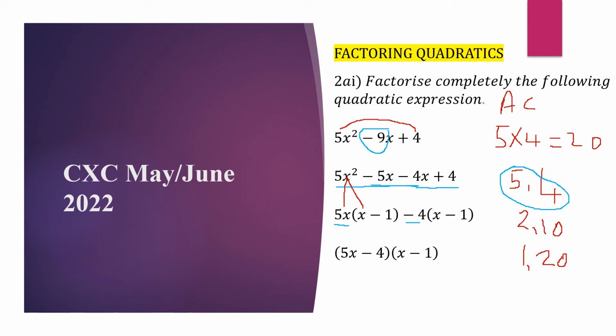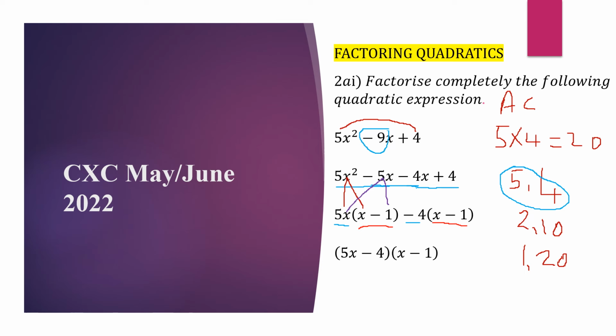And then we divide 5x into minus 5x to get an answer of minus 1. So anything that is in this bracket here of x minus 1 must also be in the other bracket over here of x minus 1 for the expression to be factorized properly.